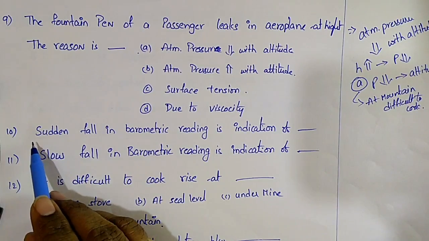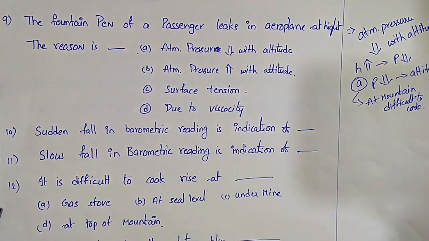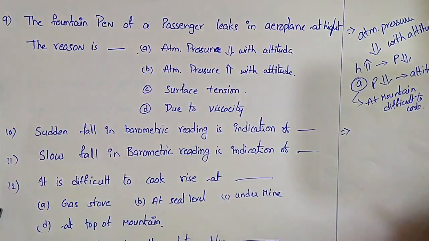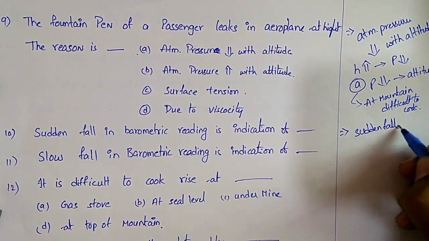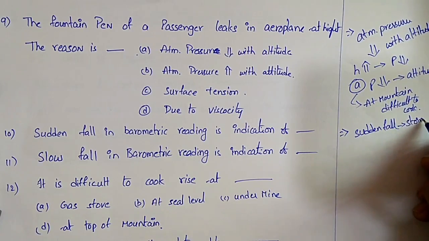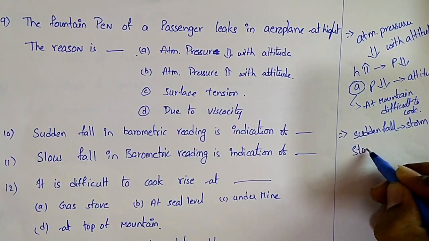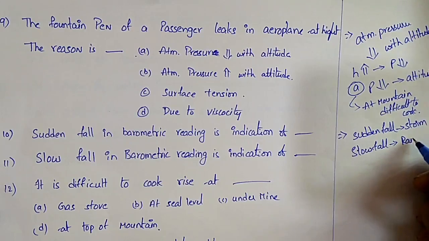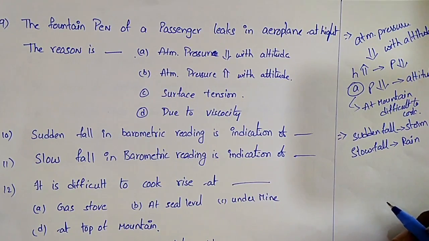And next question. The sudden fall in barometric reading is indication of dash. We have already discussed the indications of barometric reading. Sudden fall means it is storm. And slow fall is the indication of rain.